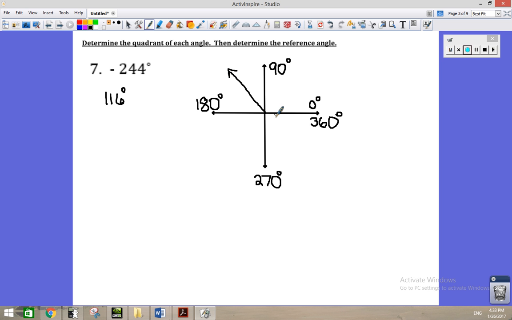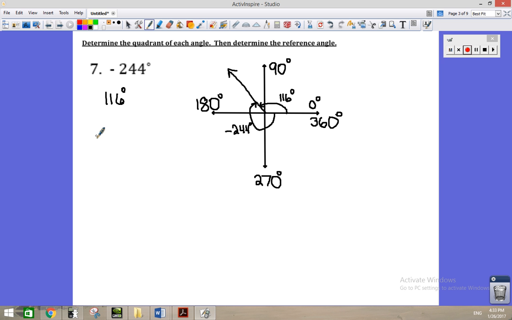Now, I know that negative 244 wrapped around this direction, and what I just found was the angle from here to here being 116, because I wanted an angle between 0 and 360.